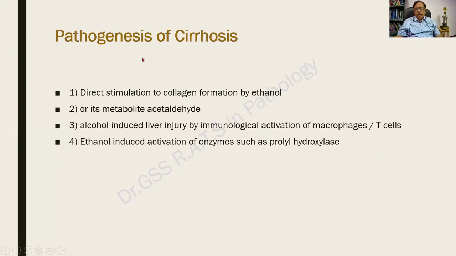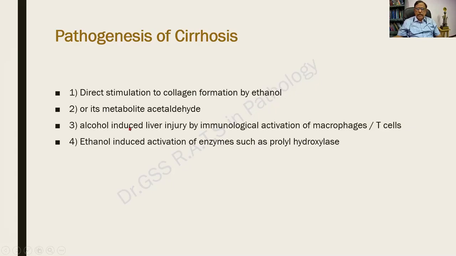Now, what is the basic pathogenesis of the cirrhosis? It is the alcohol, okay. You find that the alcohol can stimulate collagen formation. Ethanol is the main component, or sometimes its metabolite acetaldehyde. So either ethanol or acetaldehyde can stimulate the formation of collagen.